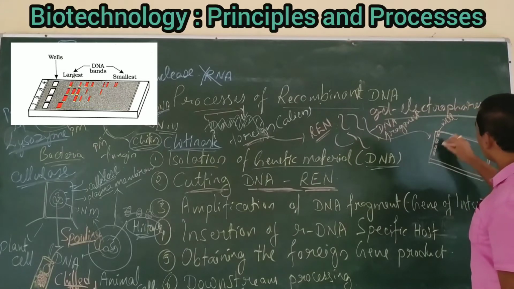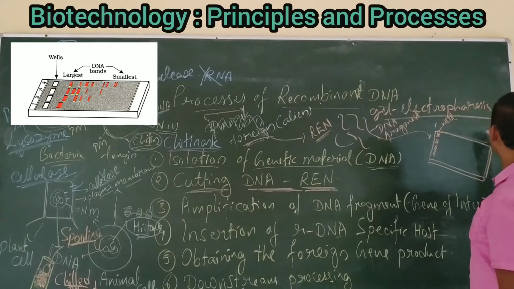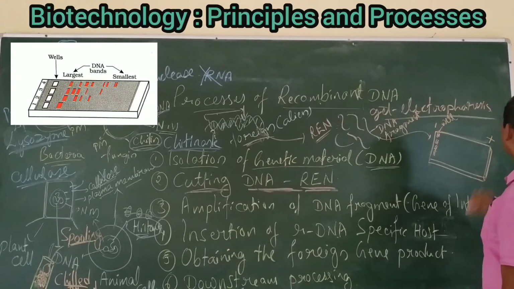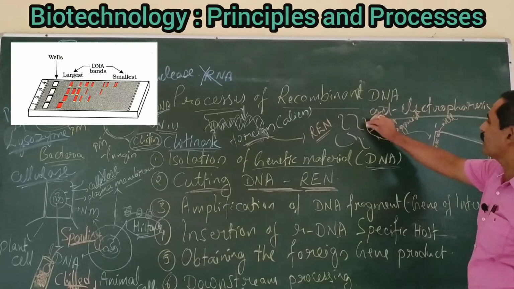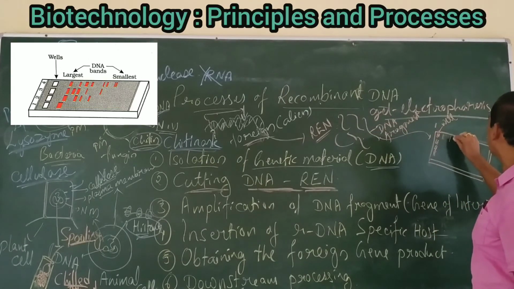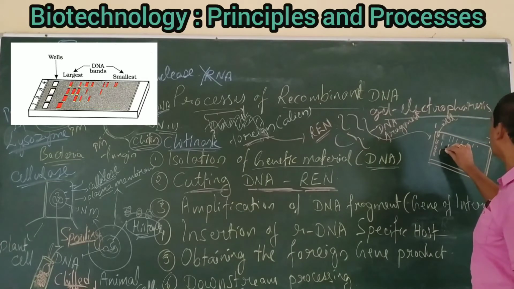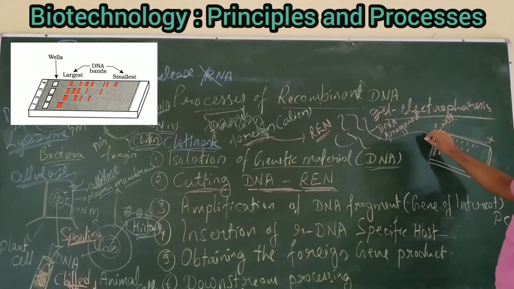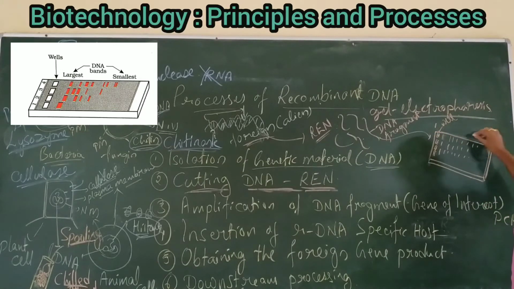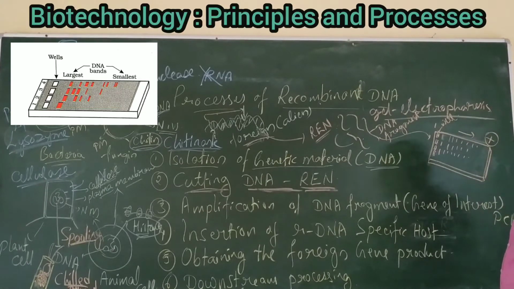It is kept in an electric field. An electrode is introduced, a negatively and a positively charged electrode. The DNA fragments are negatively charged molecules that are made to pass through. Smaller fragments move faster than the larger fragments, and with affinity to the electrode, the negatively charged DNA fragments move very fast towards the anode compared to the larger fragments.